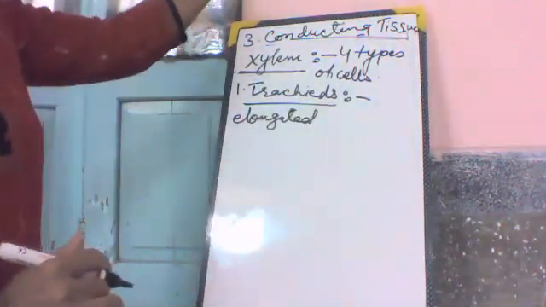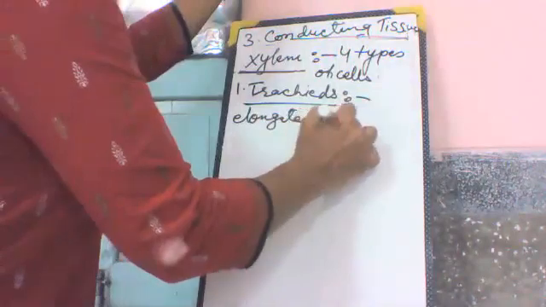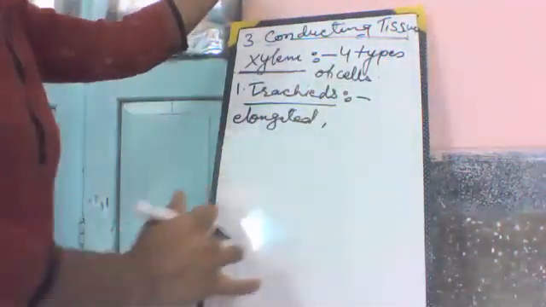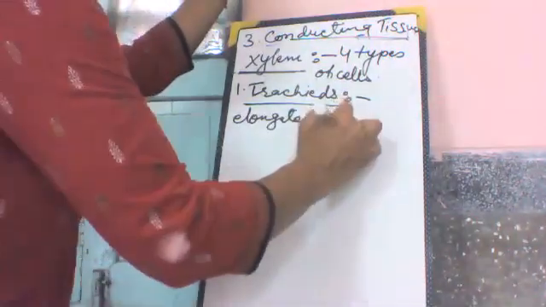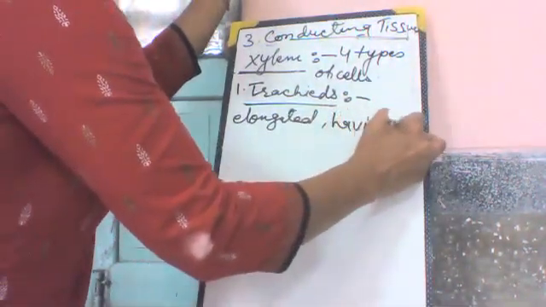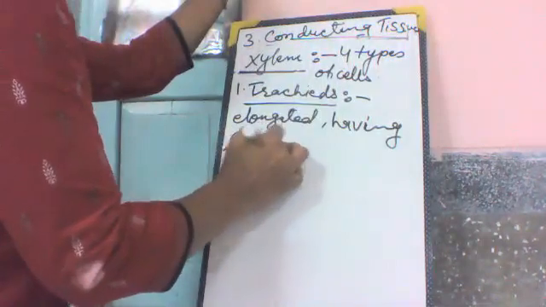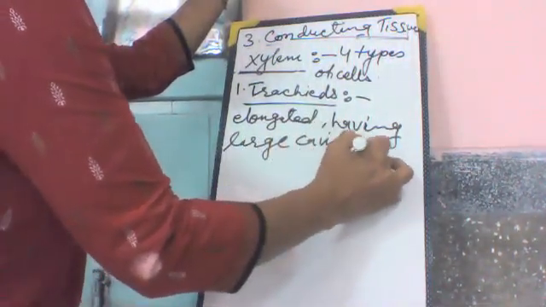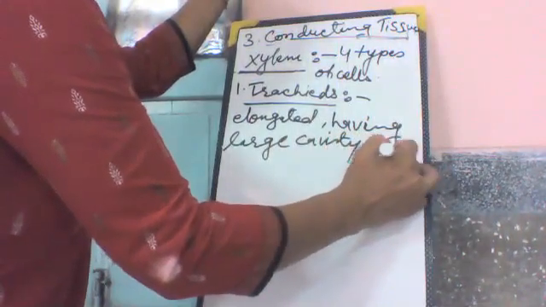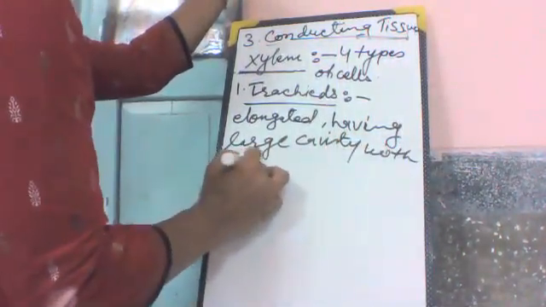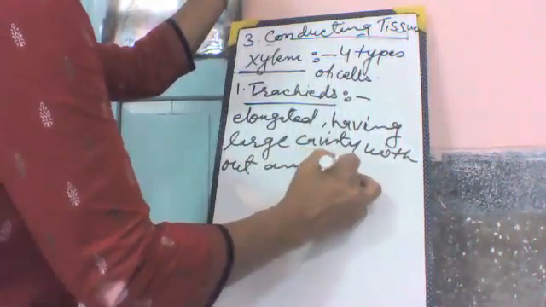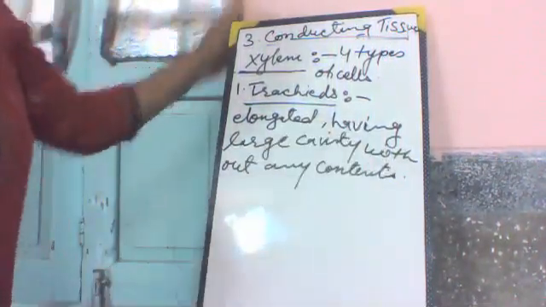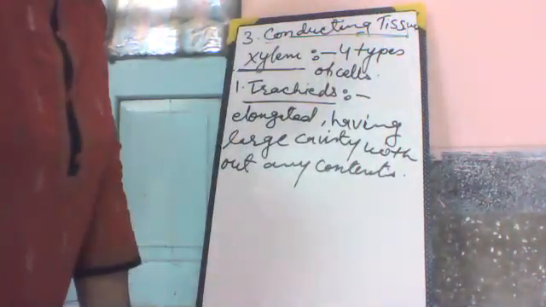They are elongated and have a large cavity without any content in it. Cells are placed end to end.